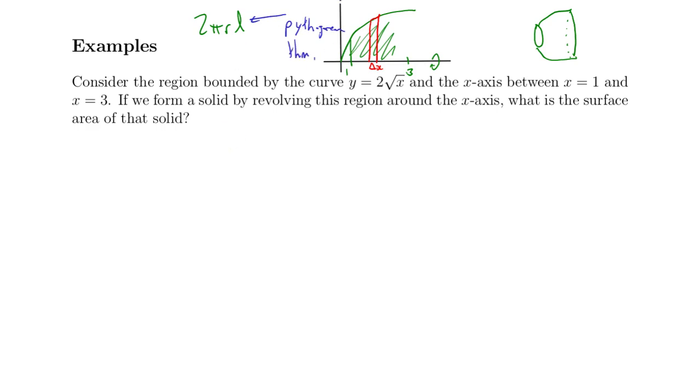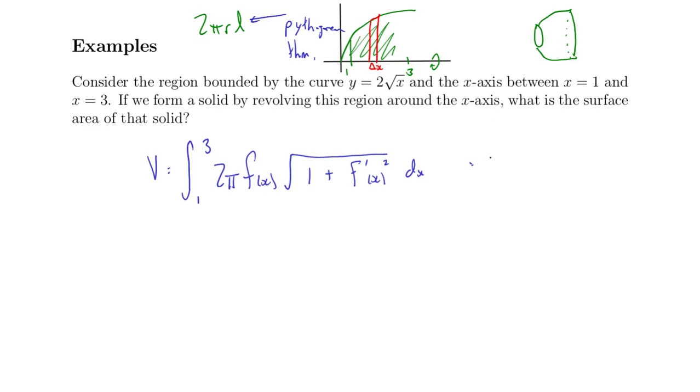So for the radius, I know that that's going to be the height of my function. So my surface area is going to be the integral from 1 to 3 of 2 pi f of x times that square root. Here's my Pythagorean theorem coming in. We've got this slope squared dx.